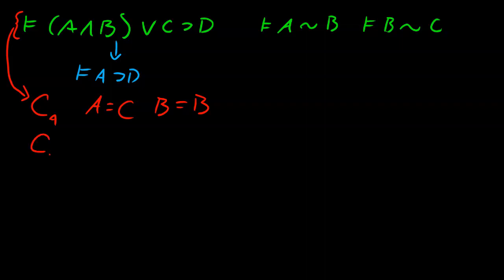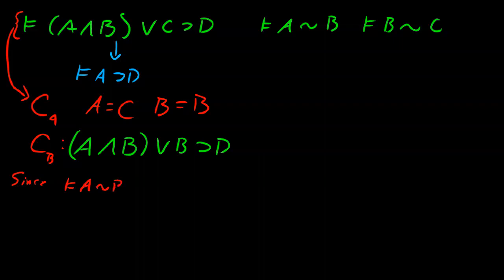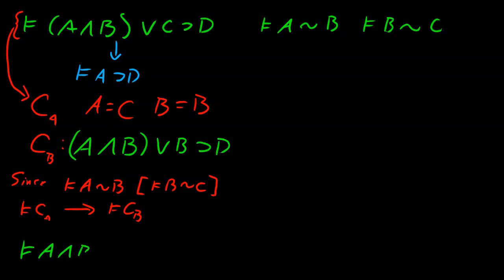Then CB would be the formula A and B or B implies D. Since A is equivalent to B is valid, which in this case is actually that B is equivalent to C is valid, and since we know that CA is valid, we know by the replacement theorem corollary that CB is also valid. Therefore, we know that A and B or B implies D is valid.